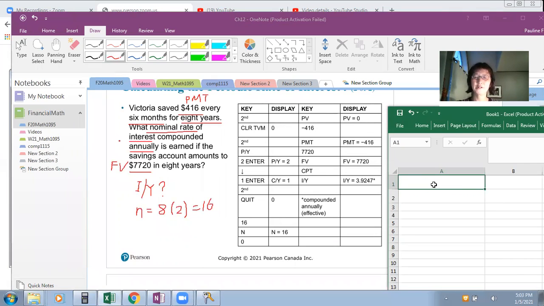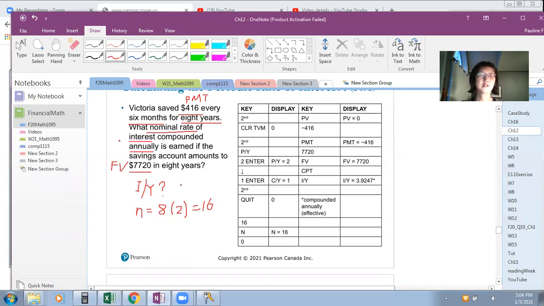Excel interest. To figure out interest in Excel, you need to calculate the equivalent rate of interest P. Okay, so I'll write down here. Remember P equal to, no, we cannot calculate P. The question asks us to calculate the nominal rate of interest.